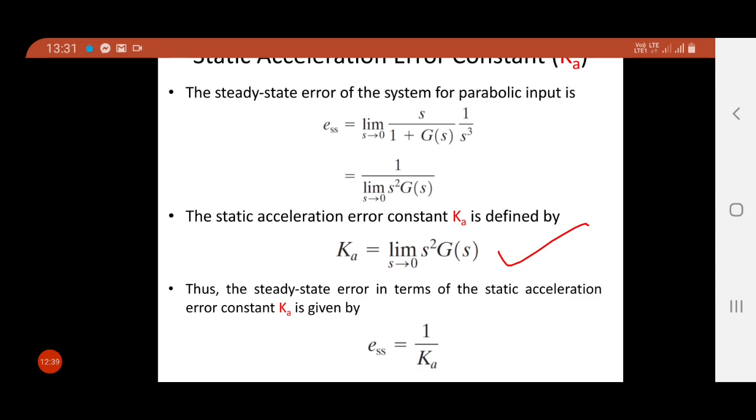So after simplifying this we get ESS equal to 1 by limit s tends to 0 s square G(s).